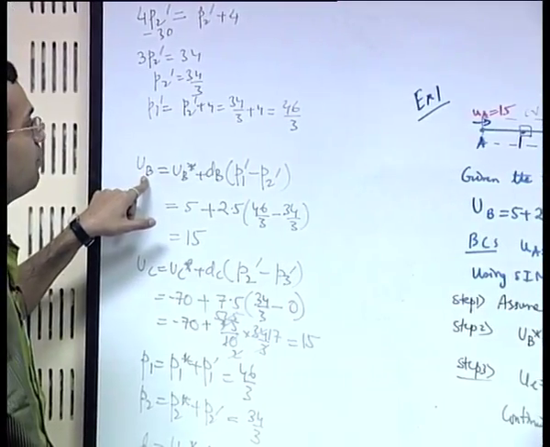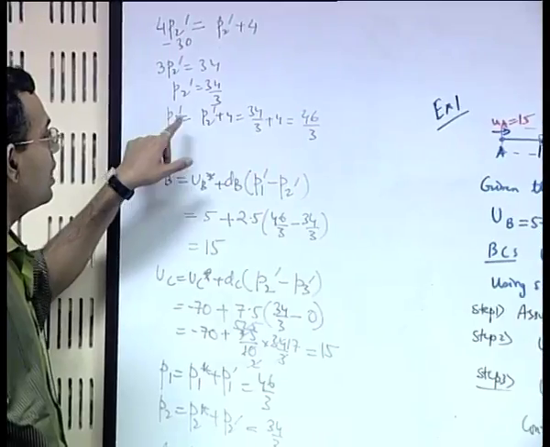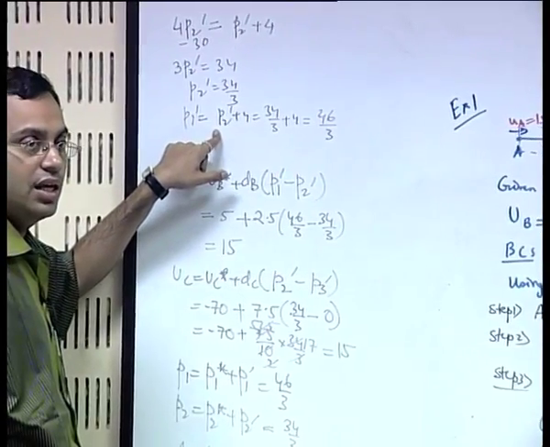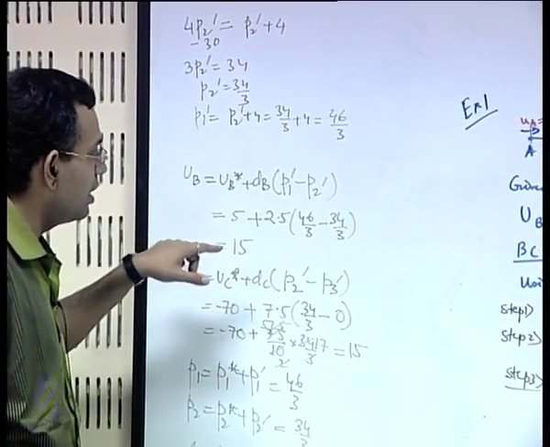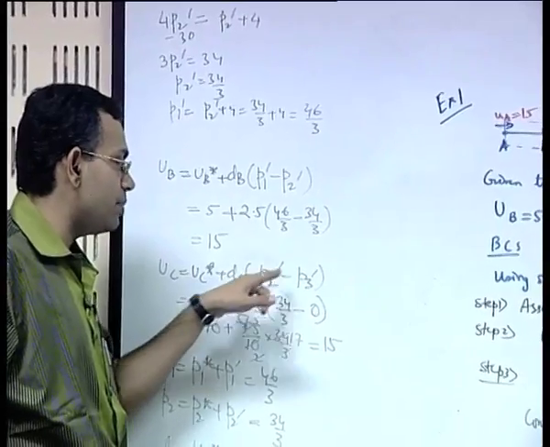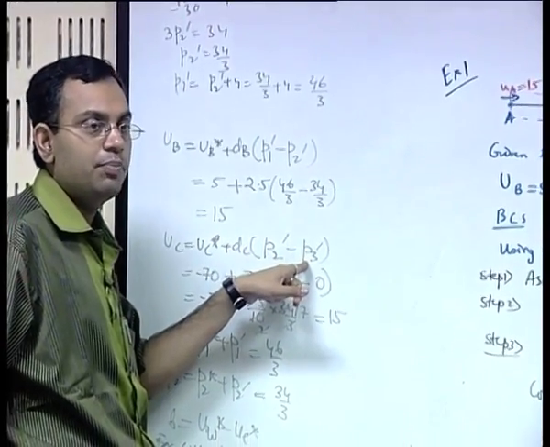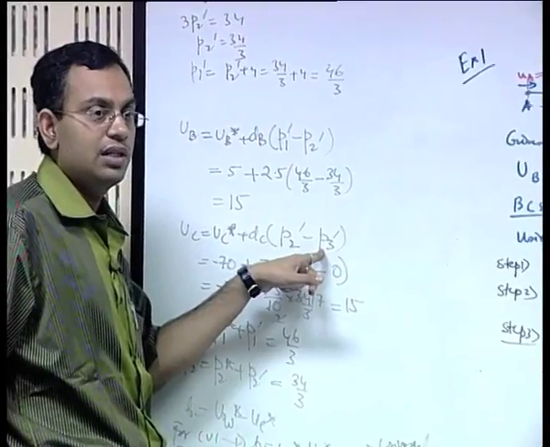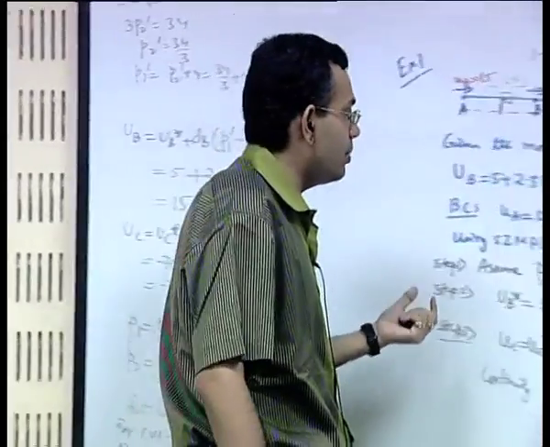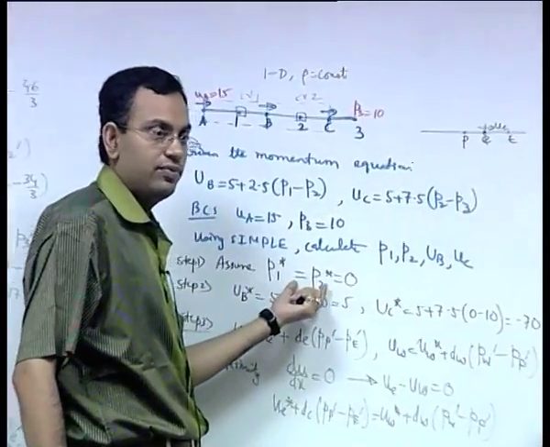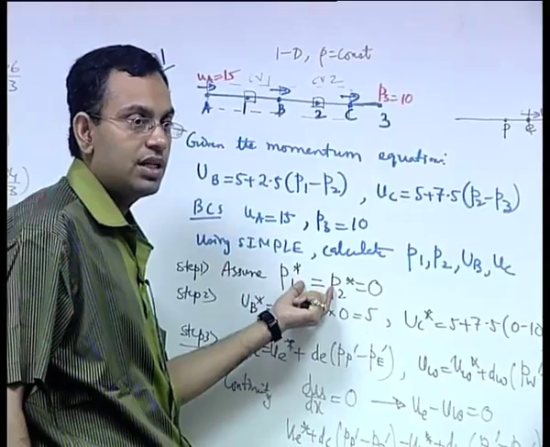So, even if P1 prime was P1 prime plus C and P2 prime was P2 prime plus C, that would not have created any difference. Similarly, even if P2 prime was P2 prime plus C and P3 prime was P3 prime plus C, that would not have created any difference. And where that plus C could have come from is a different initial guess of P1 star and P2 star.